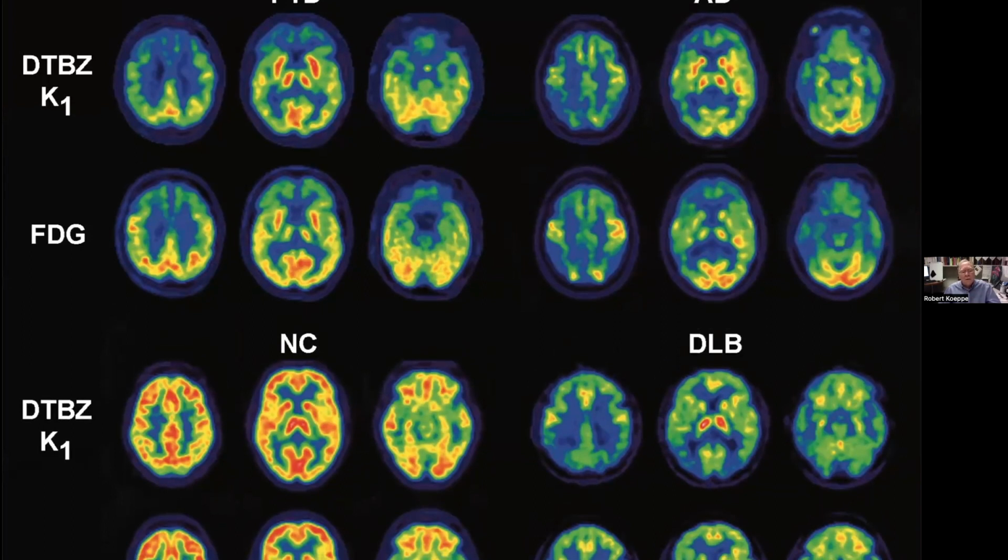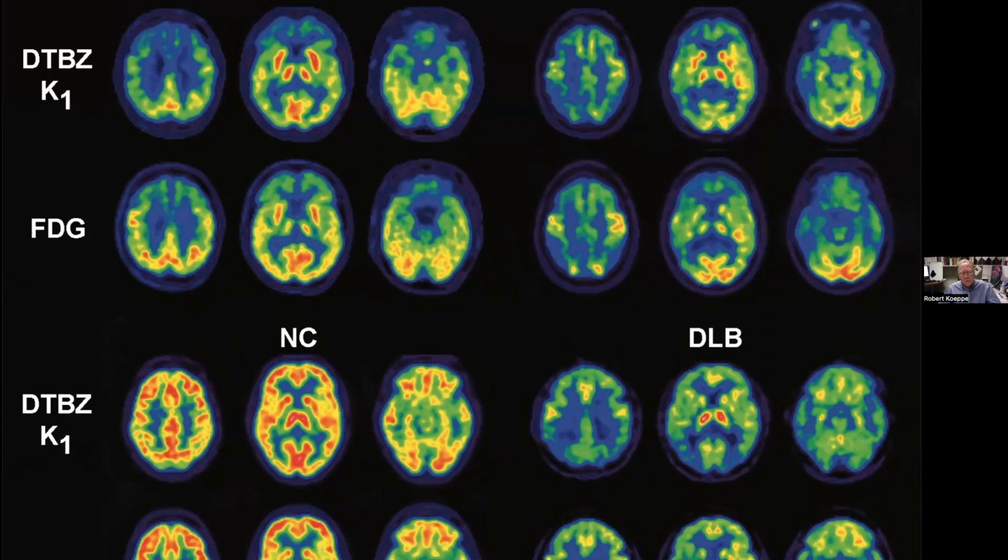So here in frontotemporal dementia, AD, Lewy body dementia, and normal controls, you can see how very similar the K1 map is to the FDG. So if you're willing to do a dynamic study, you can get almost as good quality as an FDG scan, so 2 for 1.